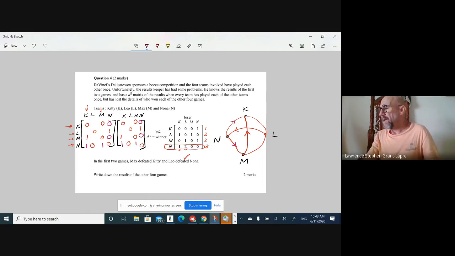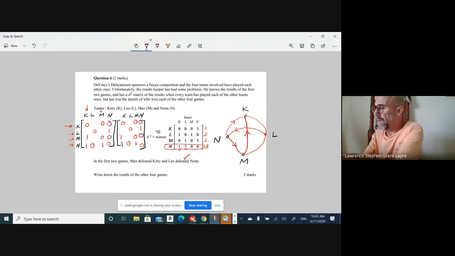All right, now let's have a look at what else we know. M and L have 2. M has a victory, L has a victory. Let's see how we can get these values here.